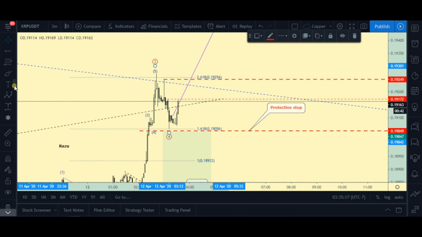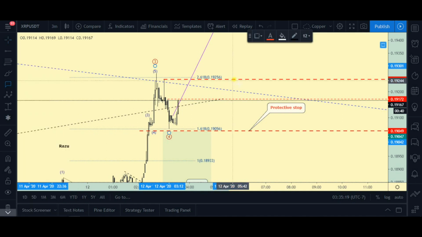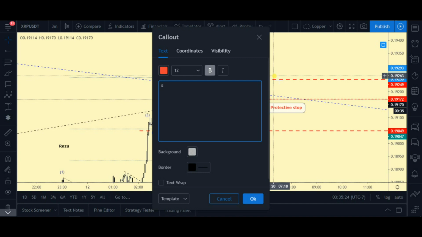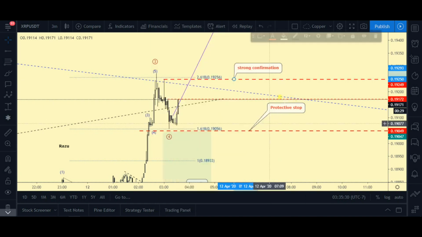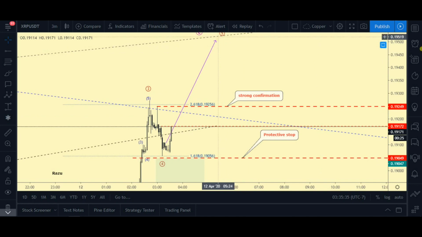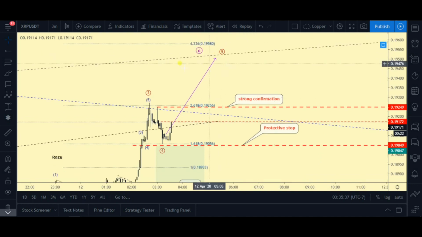breaks the upper, this one, will be a strong confirmation that the trend could continue going higher, and probably the fifth wave could end around here.